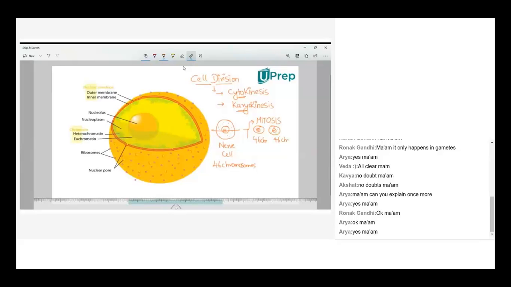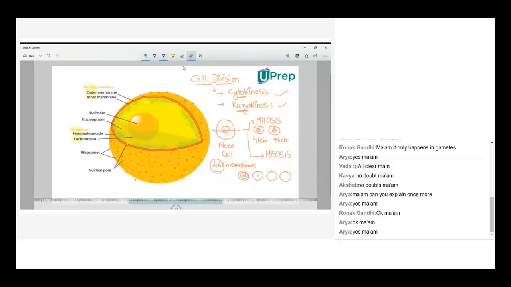This is mitosis. Meiosis is the process where the chromosome number gets reduced. The same cytokinesis and karyokinesis happens, but you will get 4 daughter cells. The offspring will be 4.